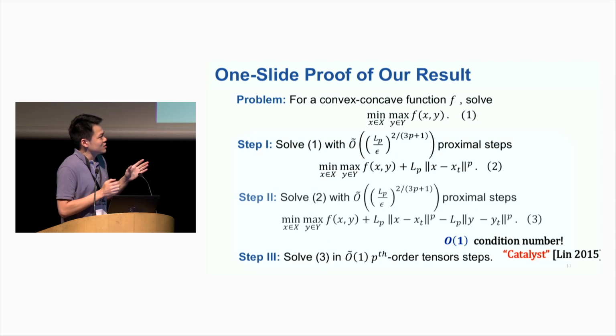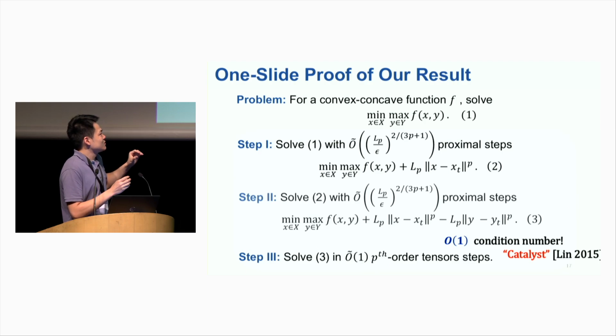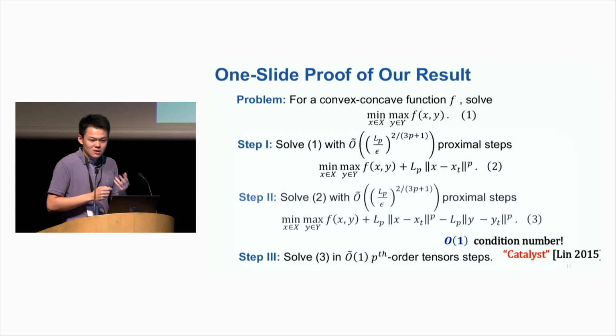And this part is fast because after regularizing twice, the problem will become well conditioned in the sense of uniform convexity.